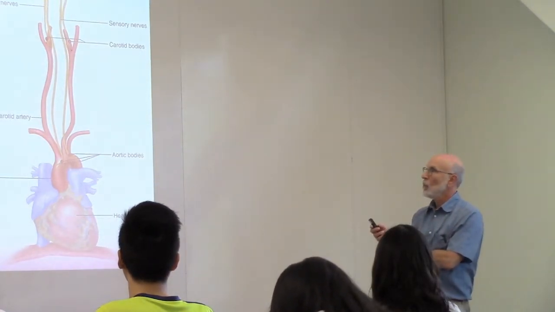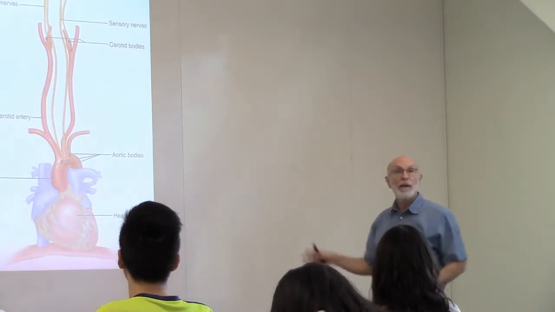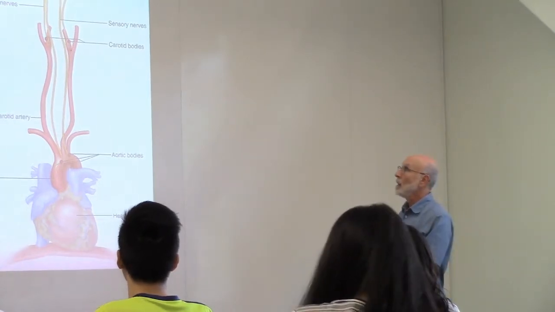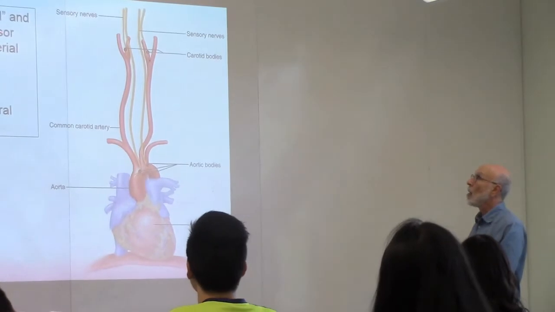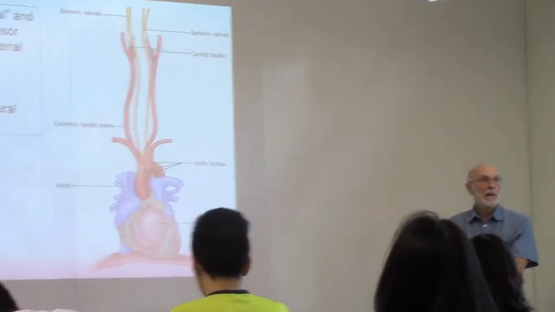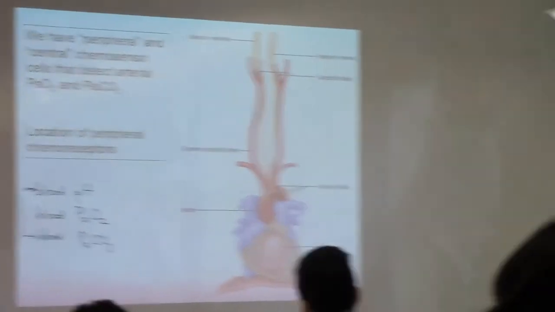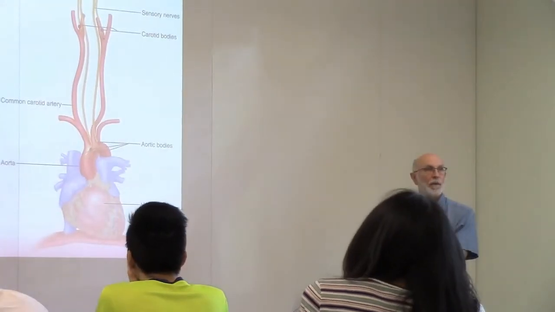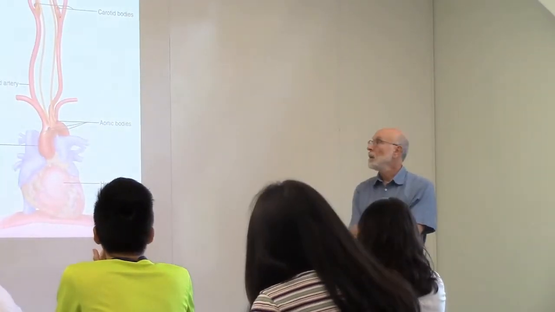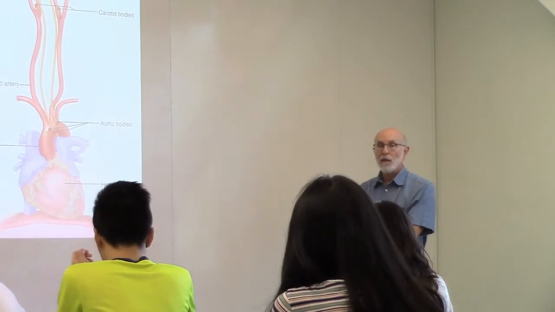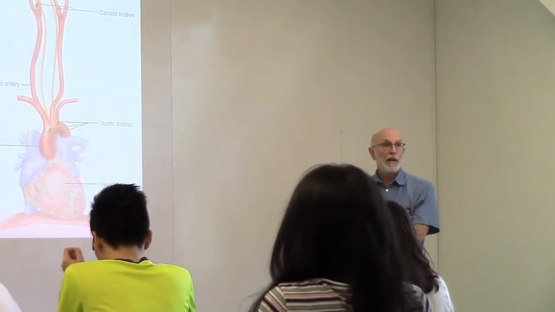So this story that I've been telling are the peripheral chemosensors. These are the peripheral chemosensors in the aortic arch and in the carotid bifurcation.